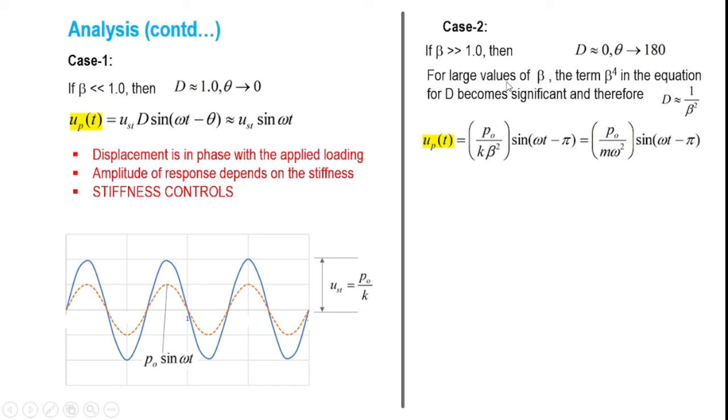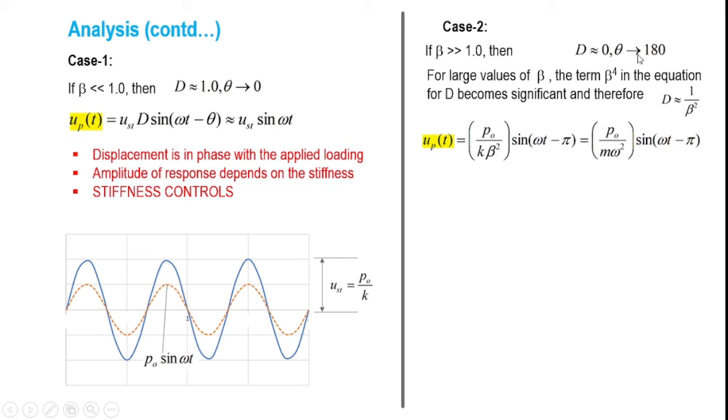And now here, I would like to tell you that when beta is very large, the term beta raised to 4 in the equation of D, which I have discussed in the previous slide, becomes significant, and accordingly we can approximate the dynamic amplification factor D as 1 by beta square, which means that the response of the system UPT is given by P0 by K beta square into sine of omega t minus pi.